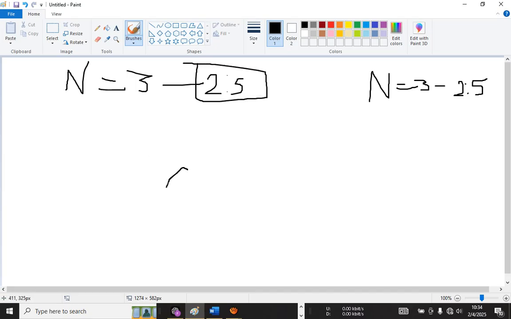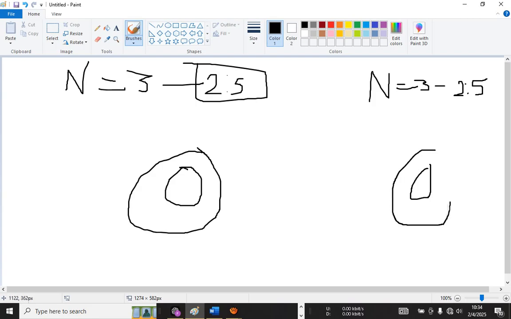So the structure will look like this: the first shell and the second shell, also the same to this one. The first shell is complete with 2 electrons, also this. The second shell has 5 electrons, as you are seeing in this configuration.